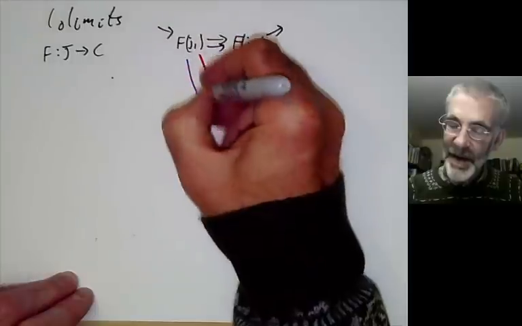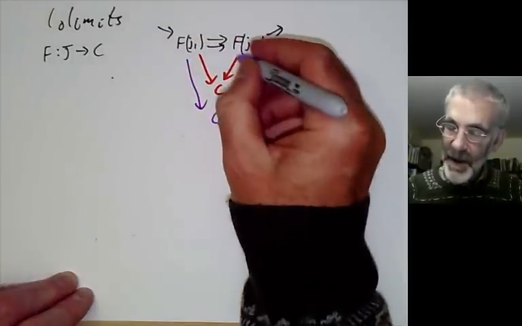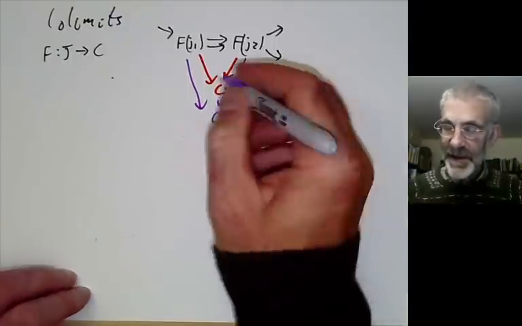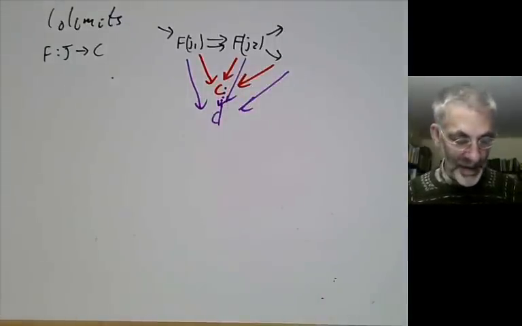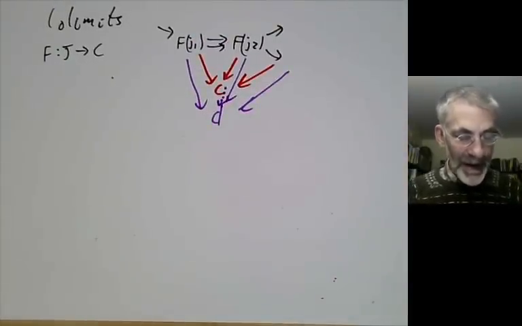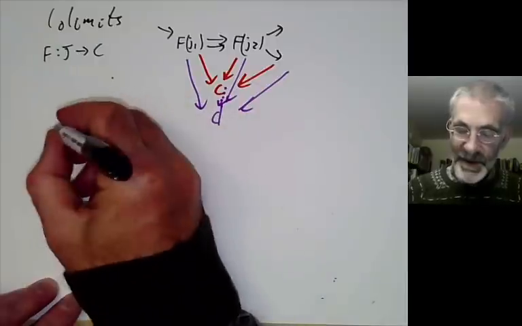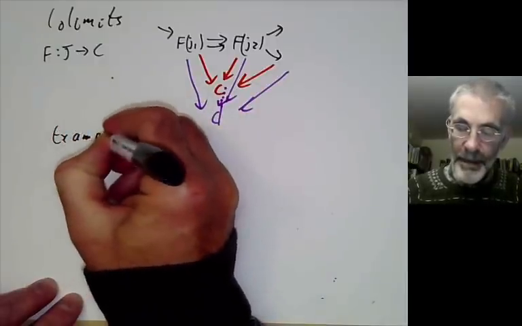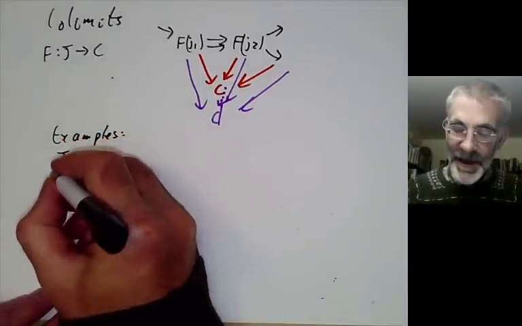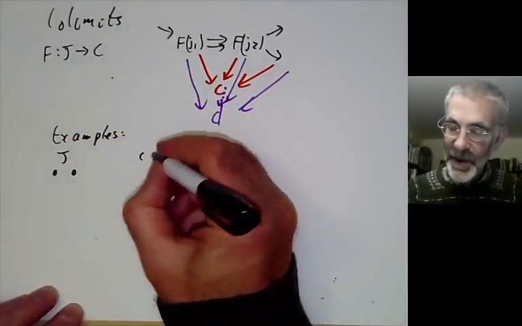So if you've got any other object D with maps from these, then there should be a unique map from C to D, making all these triangles commute. And let's just give some examples of colimits. We will just run through the categories. If your category J is 2 points, this is called the coproduct.